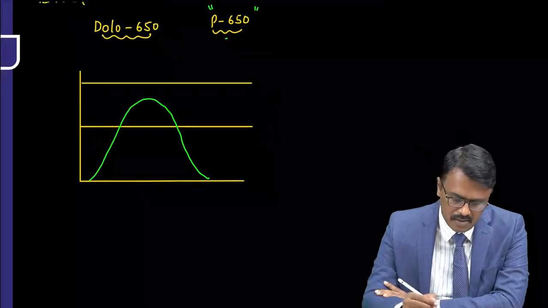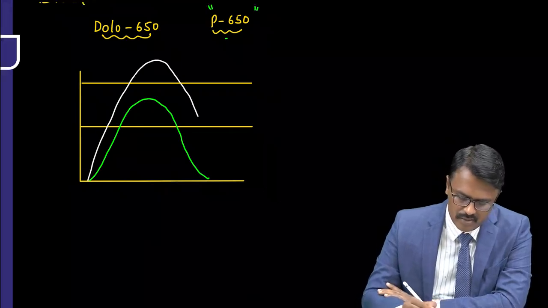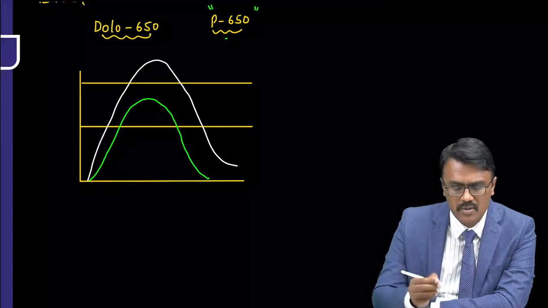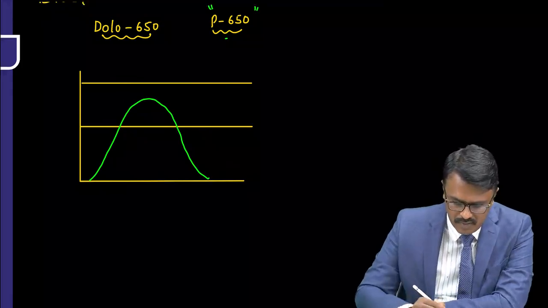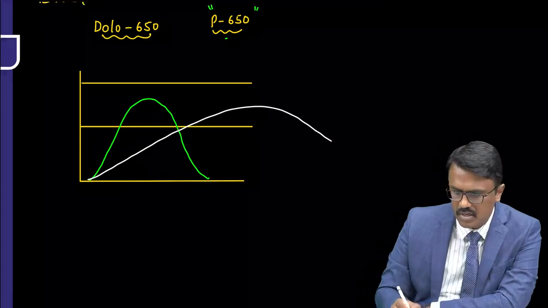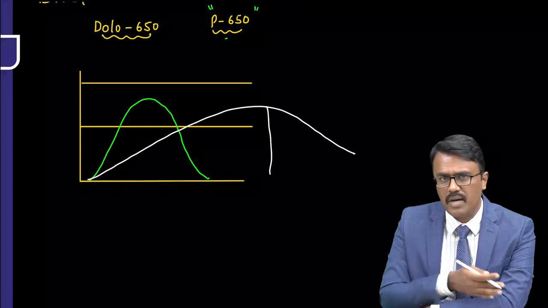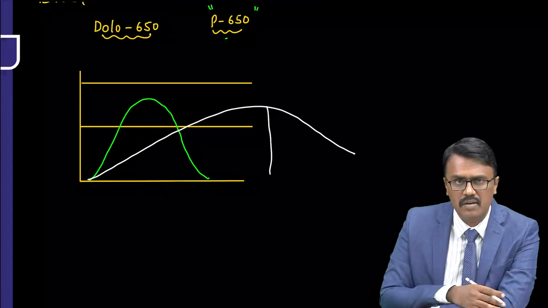Suppose the new drug is showing the graph like this. It is absorbing too fast and going like this. Will it be approved? No, because the drug is crossing the limit. Or can I approve a drug which is taking a long time to start working? So Tmax is here. Suppose I give paracetamol today and the drug works tomorrow. Will we approve that? No.